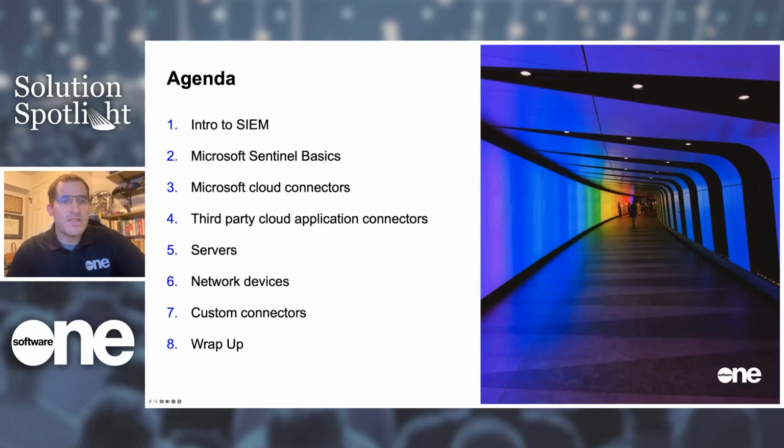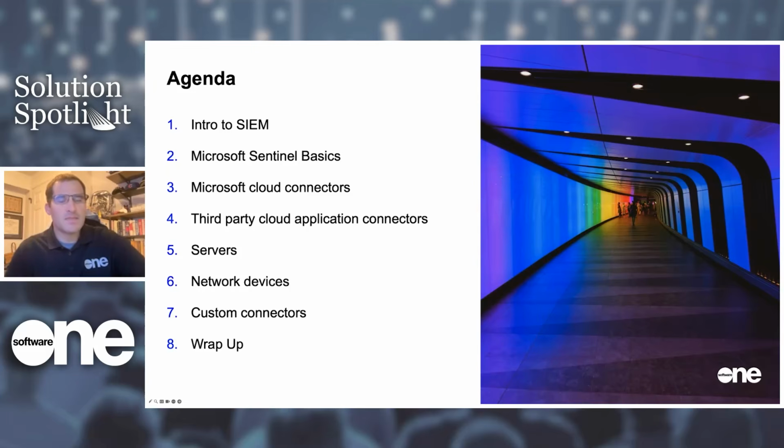So to run through our agenda, first we're going to talk through SIEM generally, understand a little bit of what the purpose of a SIEM is, what it does, why you may need one, and then talk a little bit more specifically about Microsoft Sentinel, the basics of how it works. Then we're going to dive into the 5 different connector types that we want to discuss.